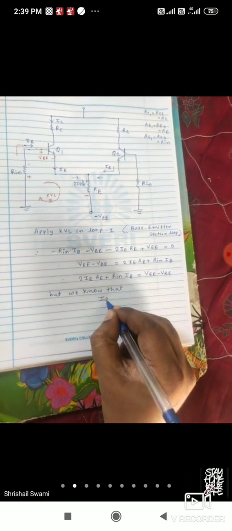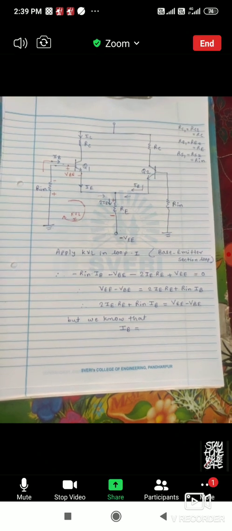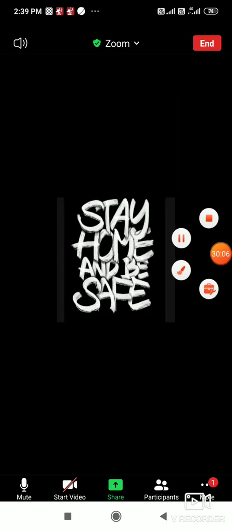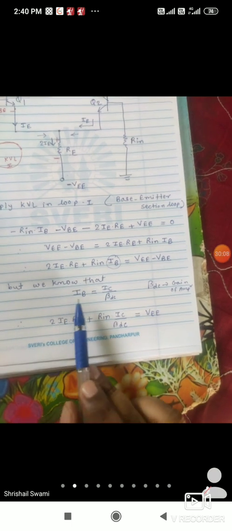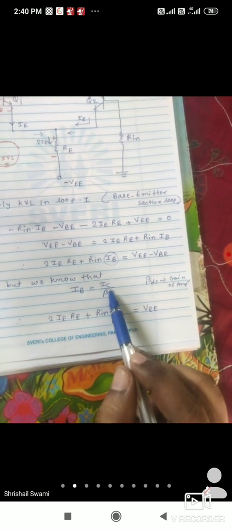Okay, now but we know that, what is the value of IB? What is the formula of base current? So here we know that IB is equal to IC upon beta DC, where beta DC is gain of the amplifier. Now this IB value you can put here. So IB you can replace by this value.